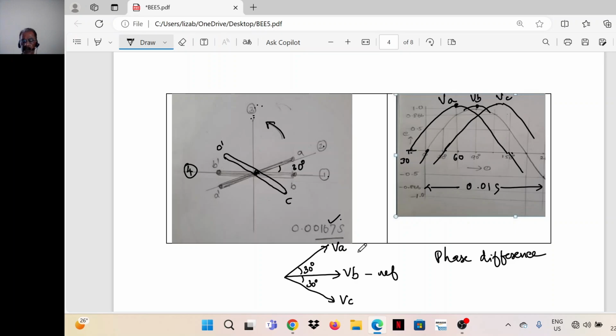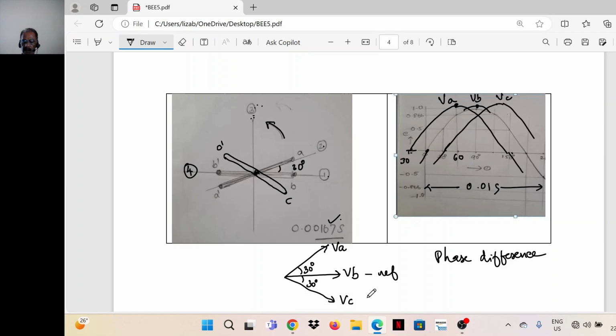RMS value we'll discuss later. So these voltages, in their waveforms, their maximums or zeros are not happening at the same time instant, but with a difference in time. So we say that the voltages are having a phase difference.